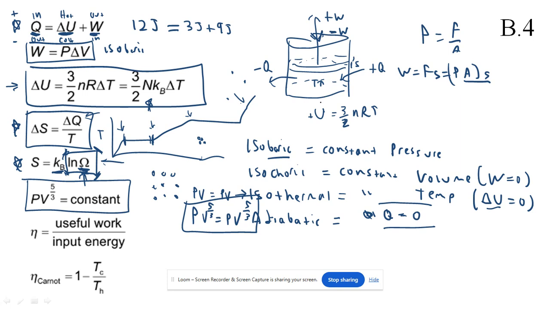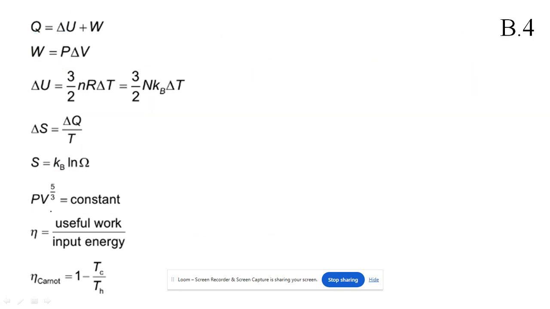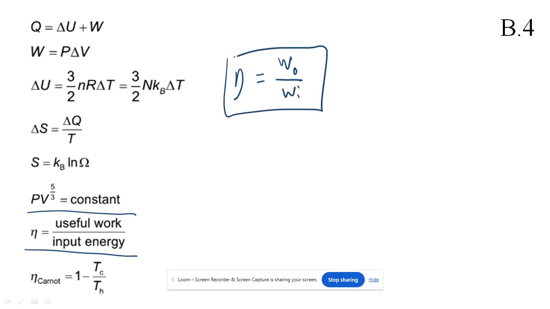And then we've got Carnot cycle stuff. Let me erase here. So this is just efficiency. So it's work output over energy input. It's the same formula that we've had before. Output over input.